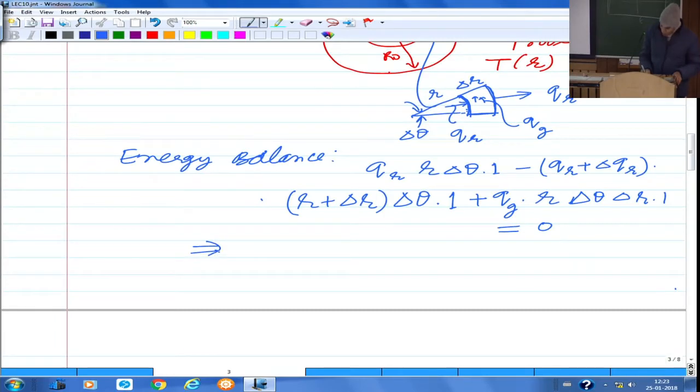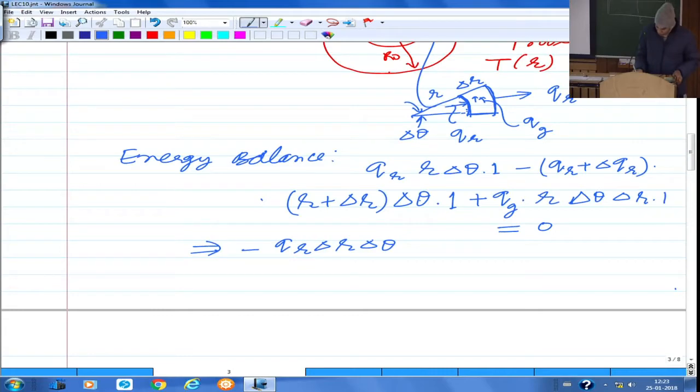Now if you simplify, what do you get? This term of course is as it is, and its multiplication with this is going to get cancelled. That is, this q_r into r into delta theta will cancel out with this. So what you will be left with is minus q_r multiplied with delta r into delta theta.